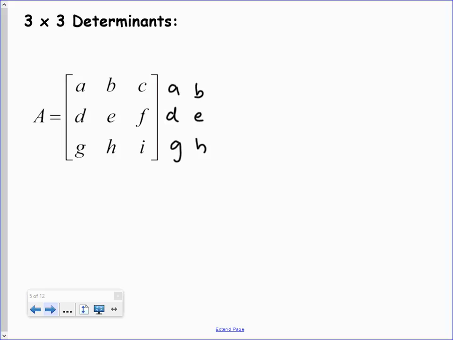So one of those diagonals is AEI. I would multiply them just like I did A times D. And then I'm going to add to that the next diagonal going down, BFG.